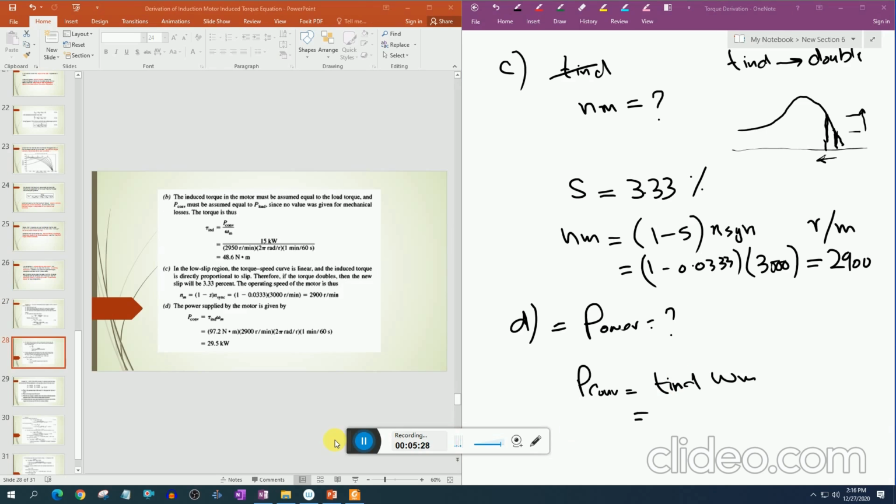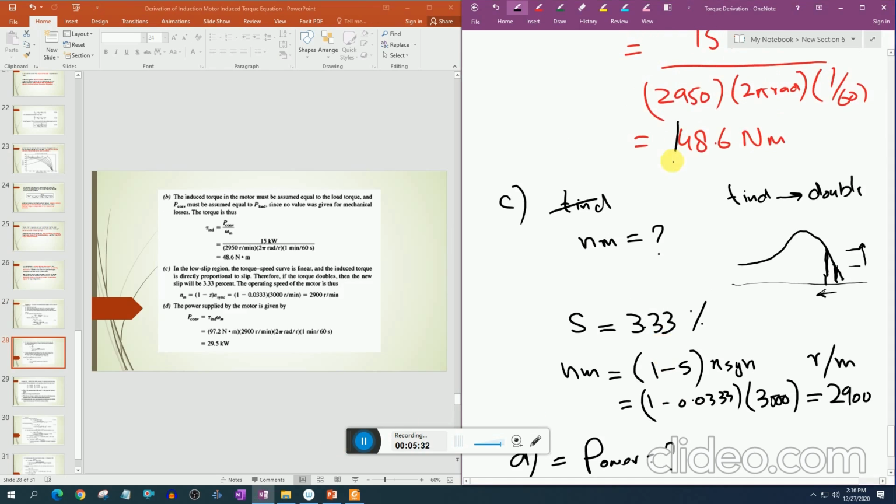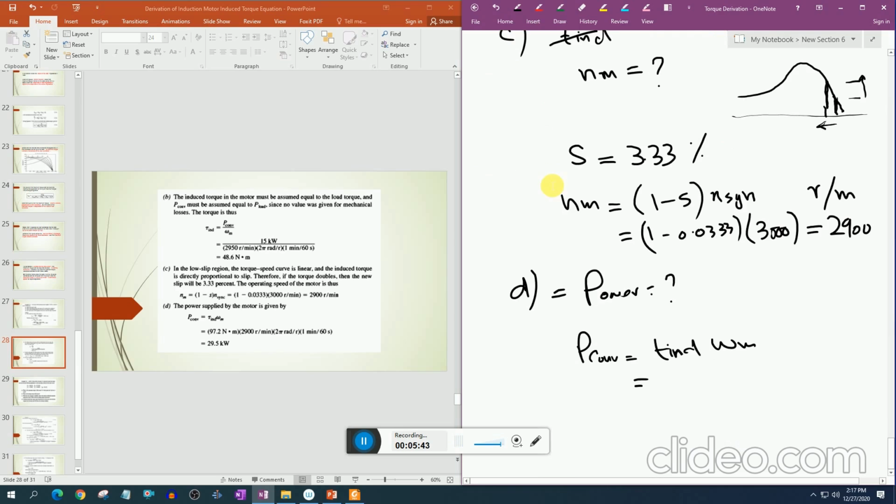We found torque here is 48.6, and if it becomes double, its value becomes 97.2. So putting this value here, 97.2 into omega m, 2900 into 2 pi radian divided by 60 seconds, so the value is 29.5 kilowatts.